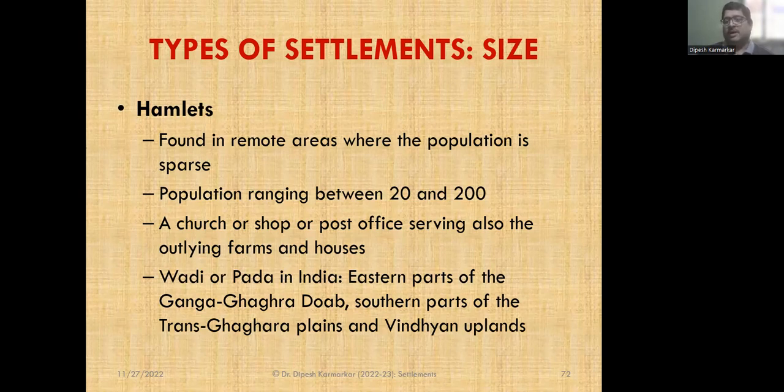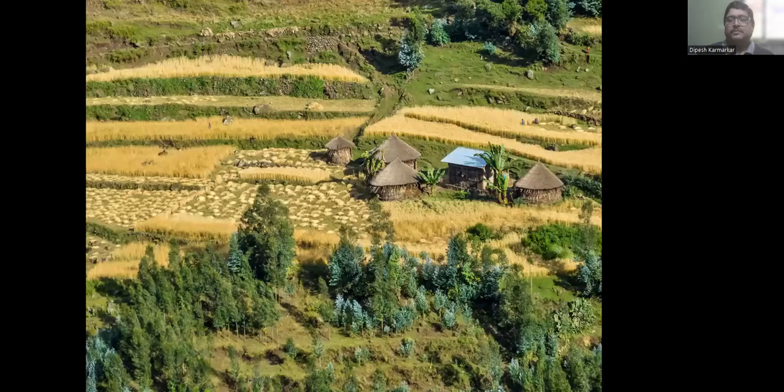Such wadis or padas are located in eastern parts of Ganga Ghagra Doab, southern parts of Trans Ghagra Plains, and many Vindhyan uplands. These are just examples. There are different parts of the country where such rural settlements or hamlets are located.